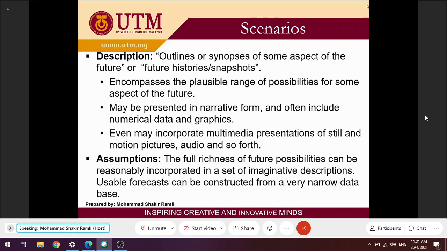For example, in many condominium buildings or constructions, they will include in the drawing or illustration a swimming pool and families with kids at the playground, and they also show off a luxury car, for example, luxury living lifestyle, and so on. That's an example of a snapshot of the future, though it might be true or not true.